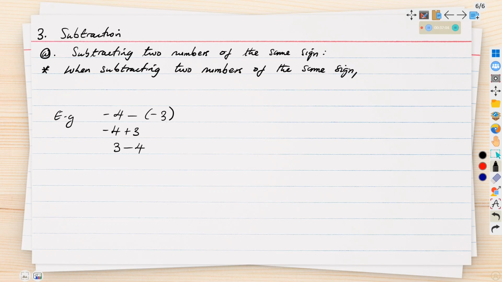So we are going to say when subtracting two numbers of the same sign, keep the sign of the large number on the final answer.